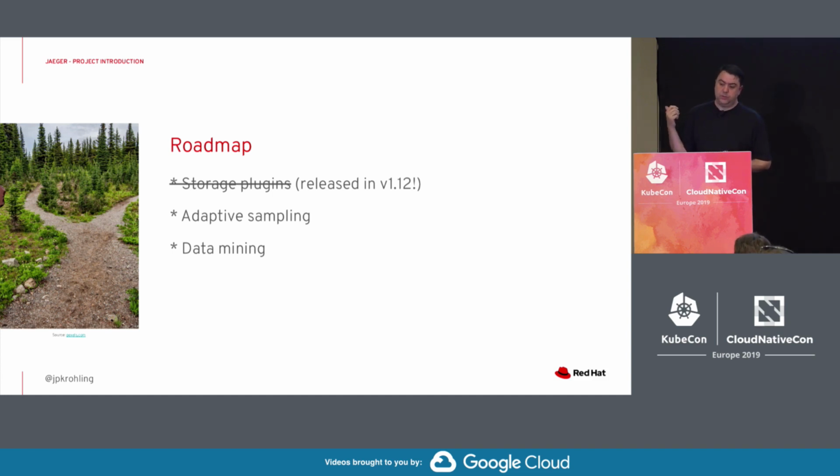Version 1.12 was just released, and it includes support for storage plugins. So if Cassandra or Elasticsearch is not your thing, you can write your own plugin and use your own storage.